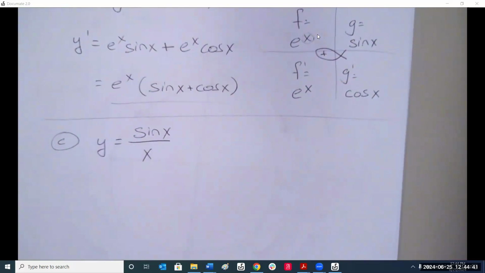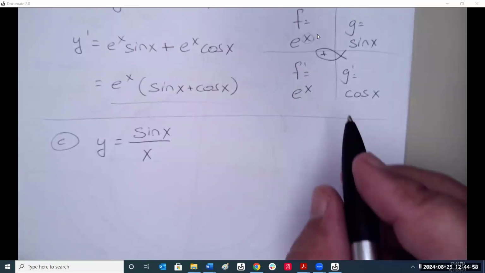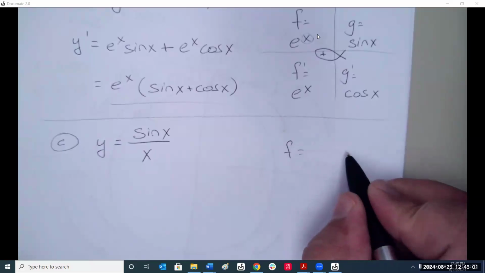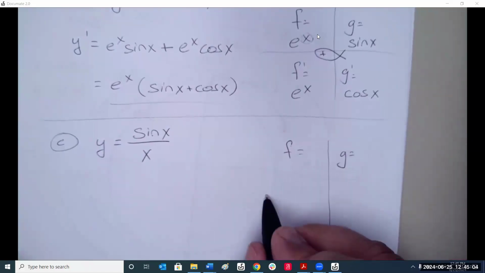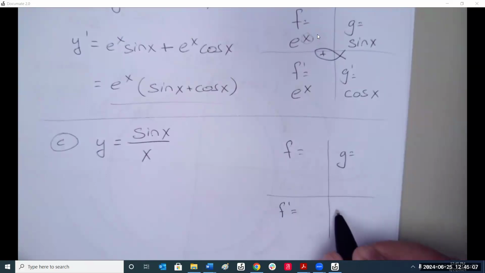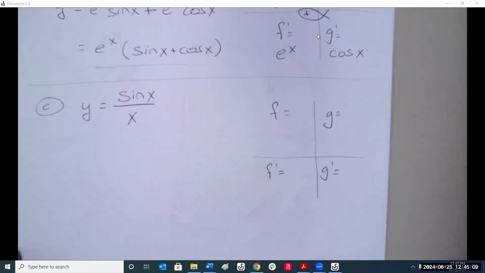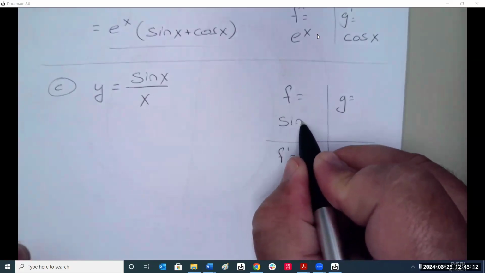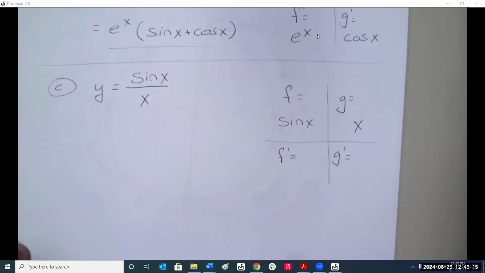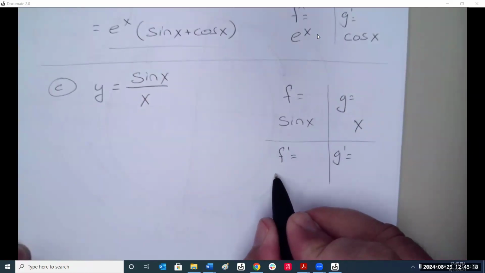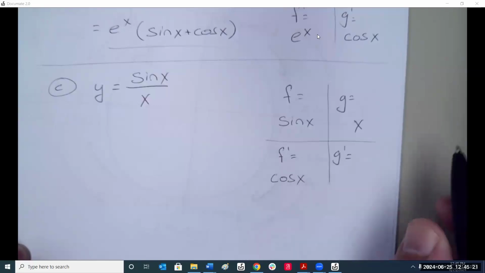Of course, we have to do quotient. Same thing. You have to do the f and g, f prime, g prime. So it's sine x over x. The derivative of sine x is cosine x.